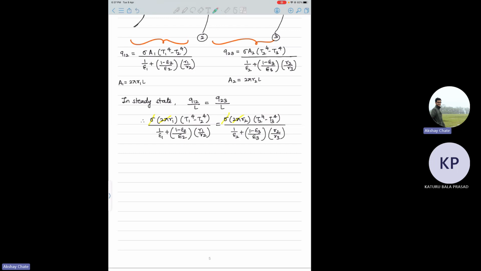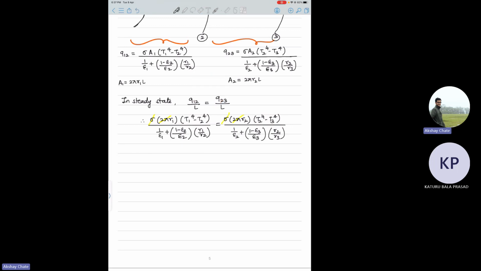So if you solve this, I can simplify. For example, just for the sake of simplicity, let some constant C1 be equal to, or leave it, no need.